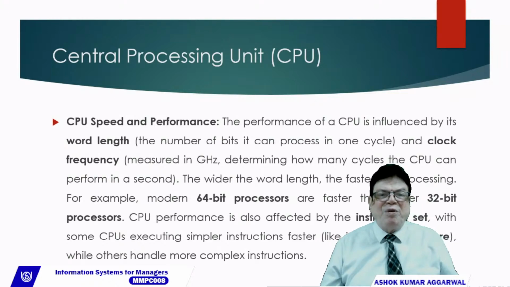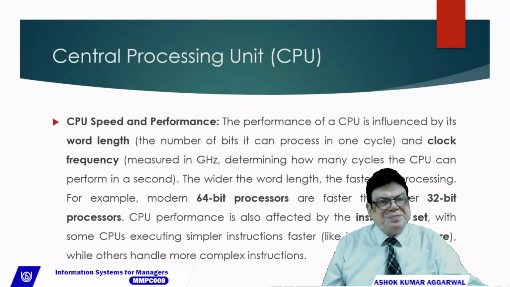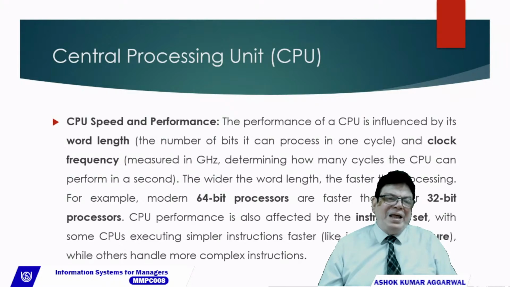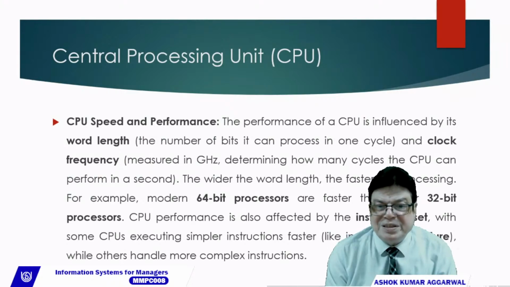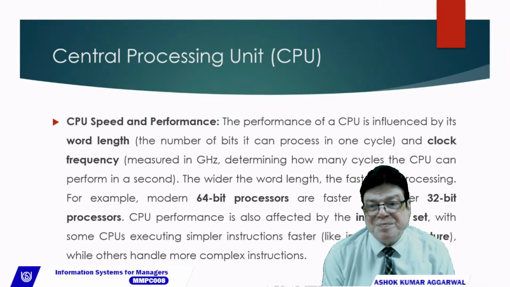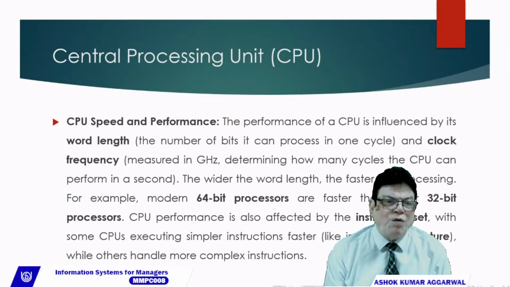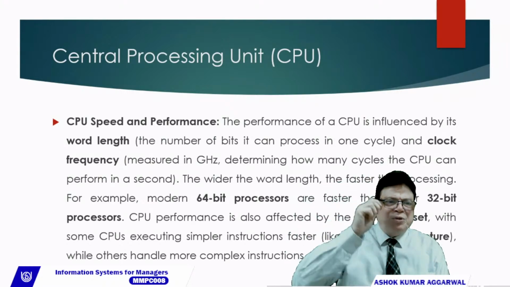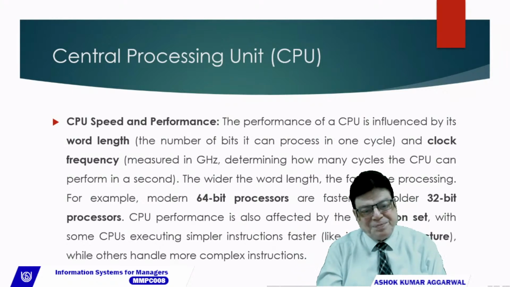CPU speed and performance. The performance of a CPU is influenced by word length, the number of bits it can process in one cycle, and clock frequency measured in GHz, determining how many cycles the computer can perform in a second.